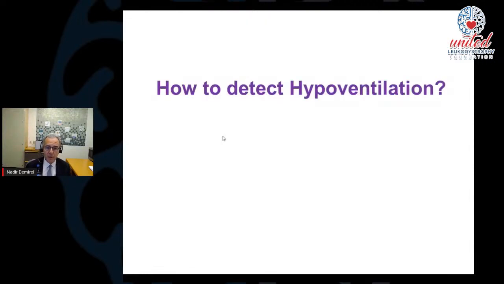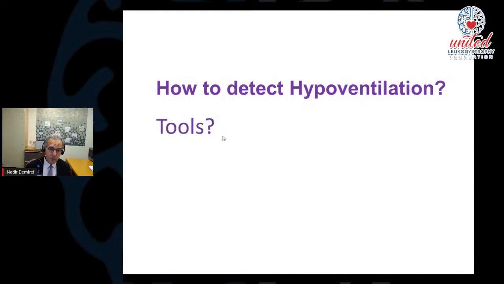So how am I going to detect and diagnose hypoventilation? I know that the carbon dioxide may start to go up and my oxygen may start to go down. And I may or may not have some clinical symptoms, but clinical symptoms are very important to watch, because when they start, we for sure start treating patients.